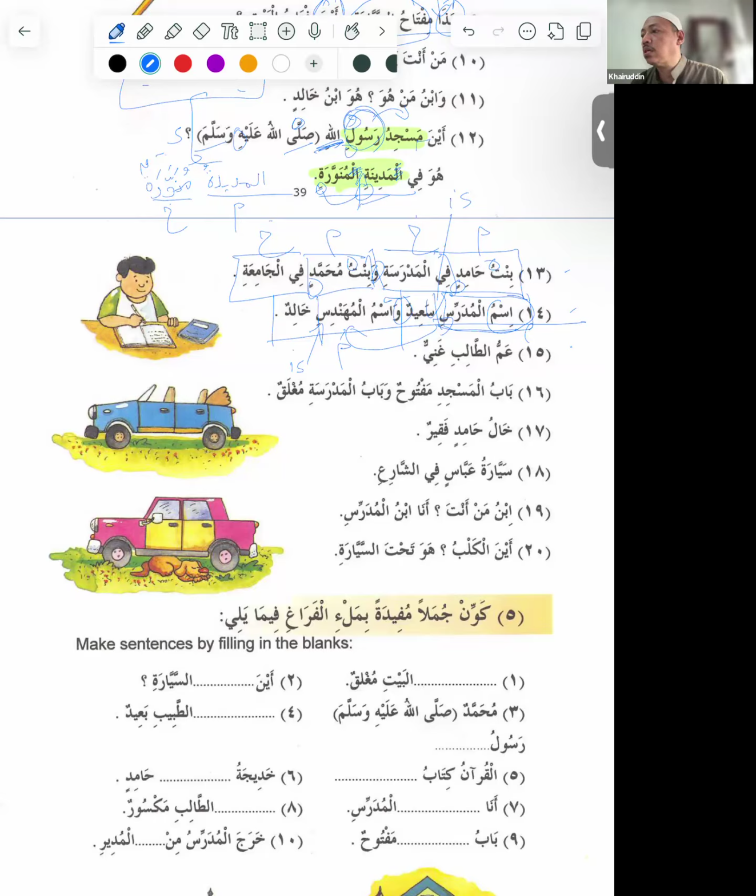So Hamzatul Wasl, remember we said that it means that you just merge the two. So you do something called idgham? Idkhal and idgham actually mean the same thing.